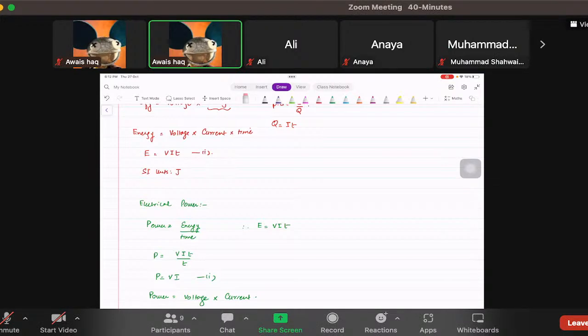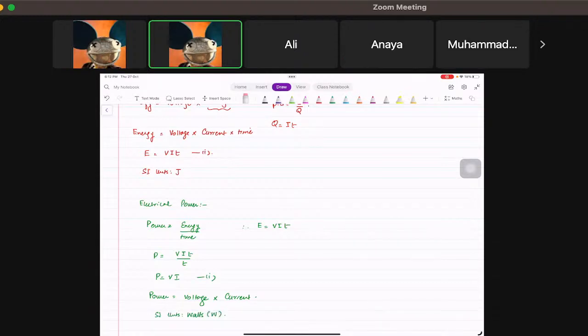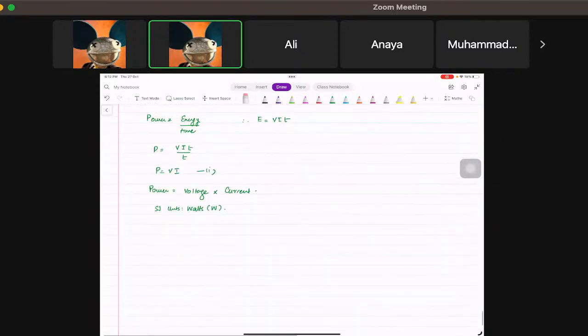So now, we are going to look at the cost of electricity. And that is very important to calculate, right?